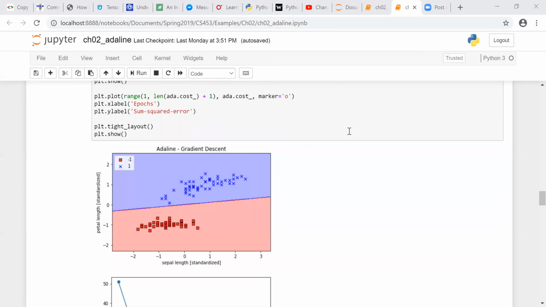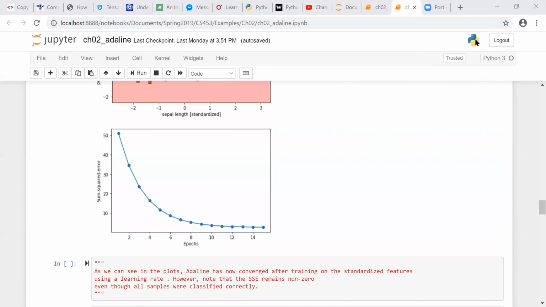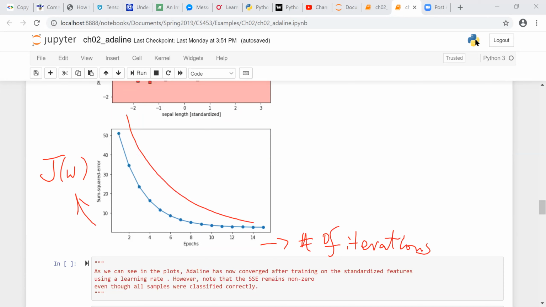Did you see the result is pretty good? This is the number of iterations, and this is the cost function. So it decreases and converges.